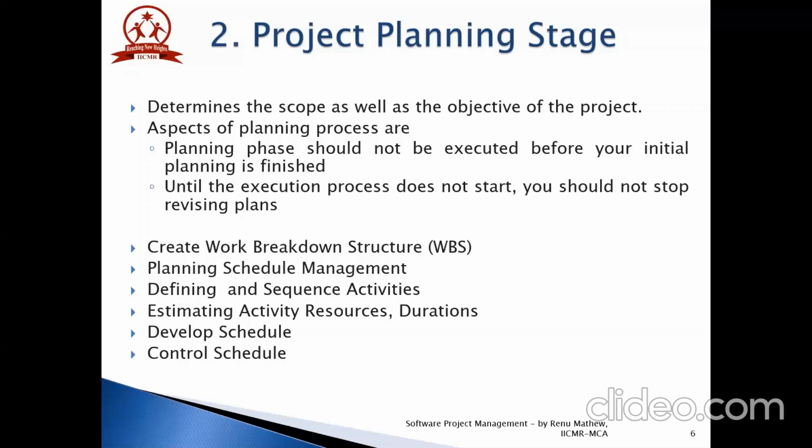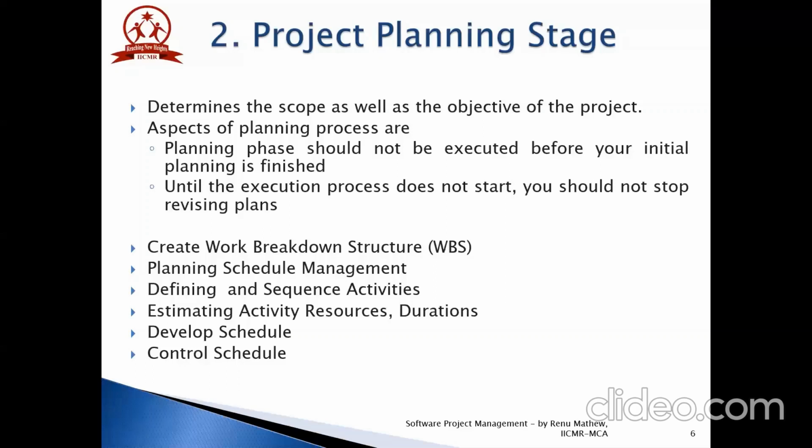Estimating activity duration is a process of estimating the number of work periods. It can be weeks or months required to complete the individual tasks with estimated resources. This step defines how much time an individual takes to complete a task.